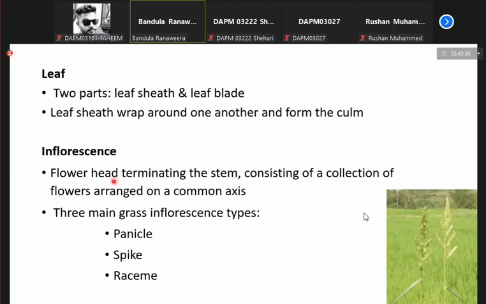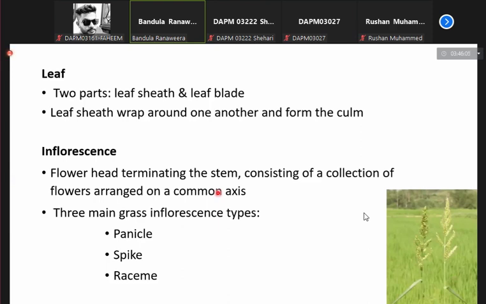The inflorescence of this grass group is a flower head, and the flower head is at the terminal end of the stem.